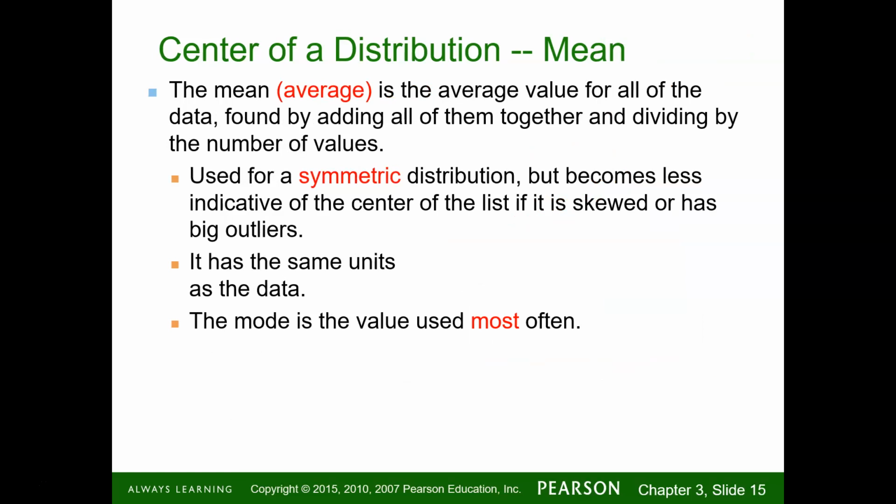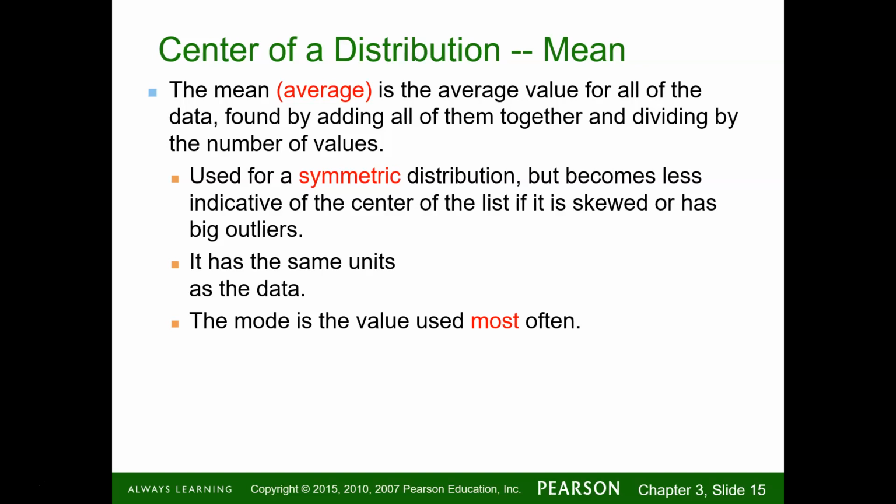The mean is the average value for all of the data, found by adding all of them together and dividing by the number of values. It's better for symmetric distributions. When your graph looks symmetric, the mean is the best thing to use. And that's pretty simple, right? Everybody knows how to find the mean.